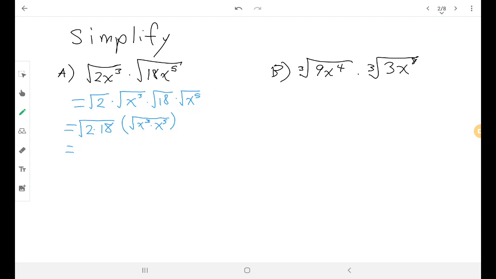So here we got square root of 2 times 18, which is 36. Well, that's going to come out super convenient, right? Times the square root of x to the 8th, because remember, when I do x to the 3rd times x to the 5th, that's x to the 3 plus 5. When you have the same base, you add the exponents.